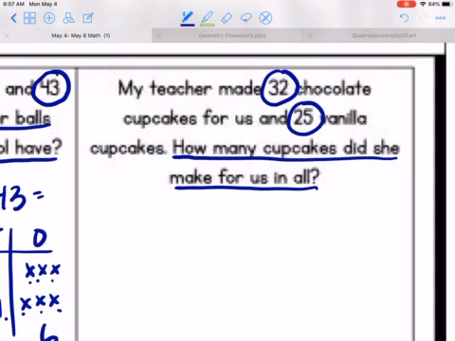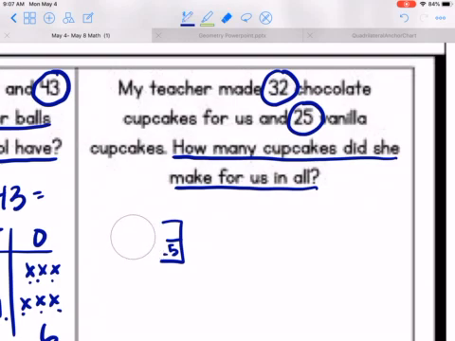And if we're trying to find the total amount, I like to use our part-whole chart here. 32 cupcakes is part of the total cupcakes. 25 cupcakes are another part. We don't know the whole yet. So if we have two parts and we don't have a whole, we're going to add.